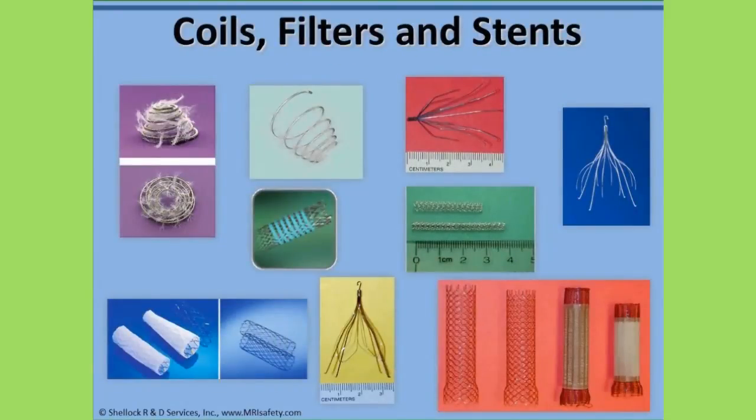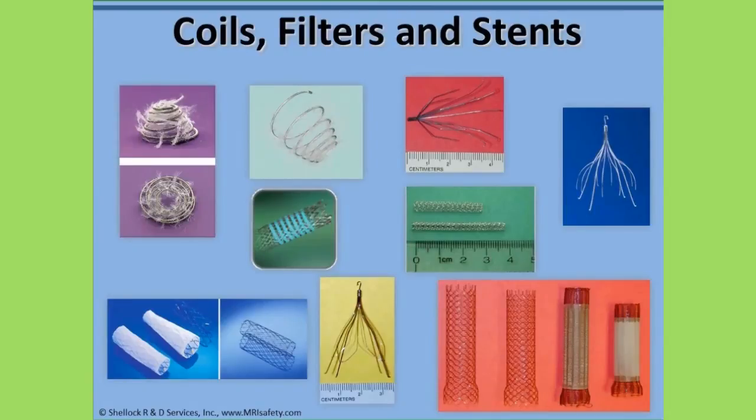There are many different types of embolization coils, vascular filters, vascular stents, as well as stents used for other clinical applications. These implants come in a wide range of sizes and shapes and are made from a variety of materials. It should be noted that coils, filters, and stents are developed on an ongoing basis. Because of this fact, there should be no general safety policy applied to these implants.